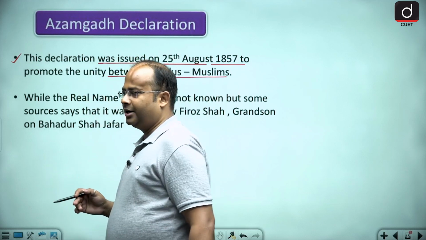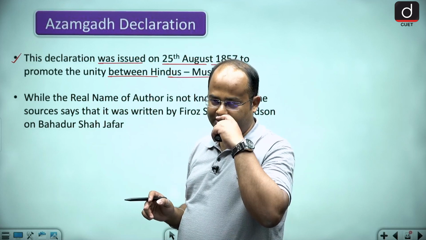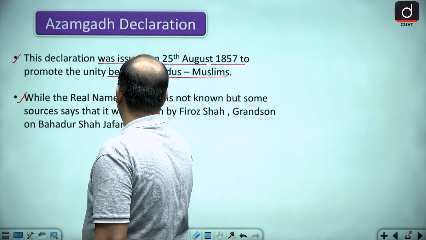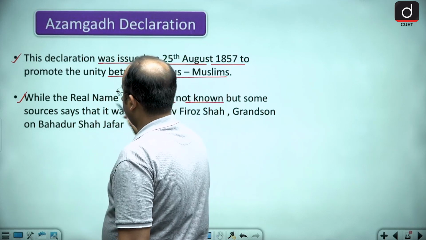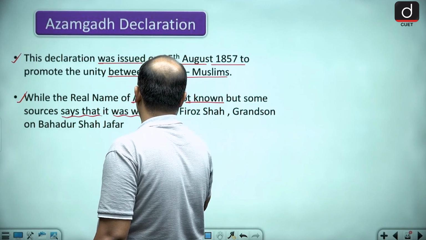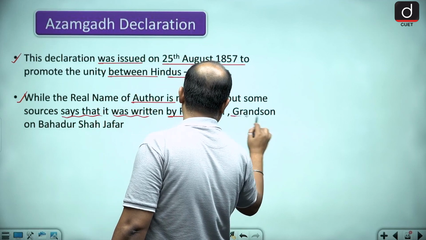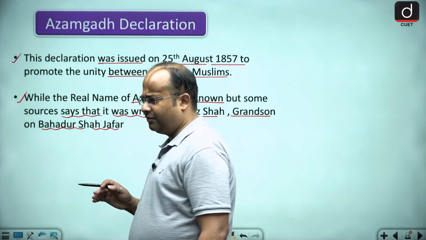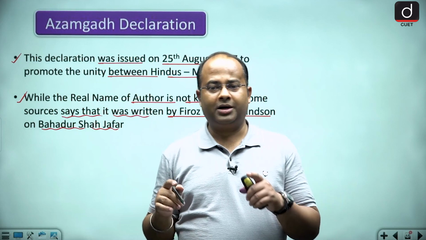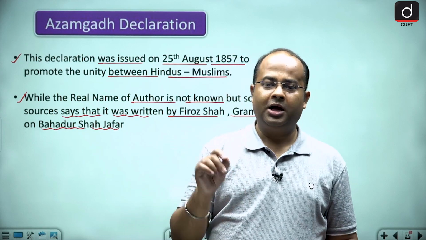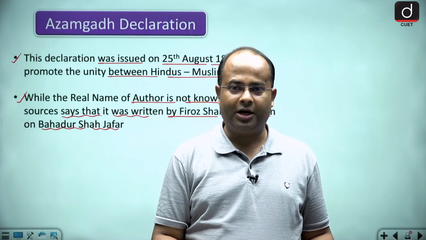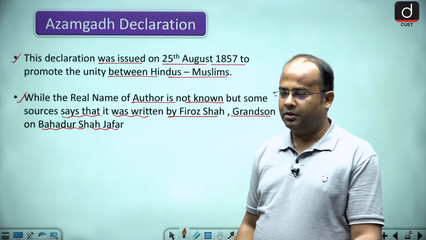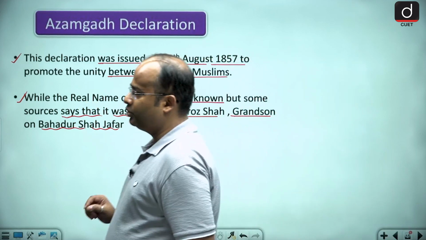The real name of the author is not known, but according to the sources, it was written by Firoz Shah, the grandson of Bahadur Shah Zafar, though this is not 100% confirmed. Is that clear to all guys about the Azamgarh Declaration?